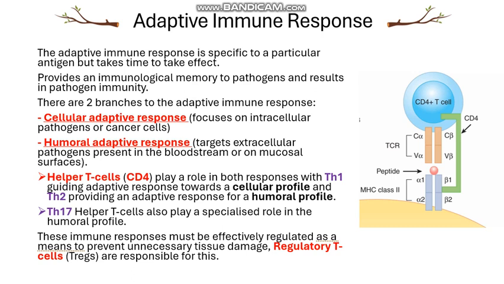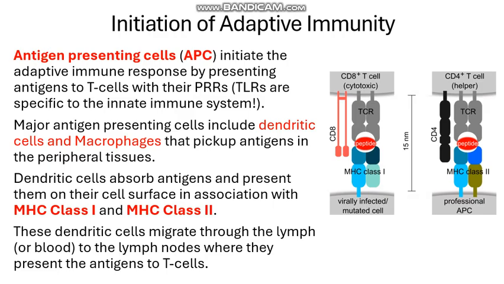Helper T cells also play specialized roles in the humoral profile, specifically Th17 helper T cells. These immune responses must be effectively regulated so that we don't get unnecessary tissue damage and these CD4 plus and CD8 plus T cells don't target our own cells, and they're regulated with these things called regulatory T cells, called Tregs for short, and they sort out that entire process.